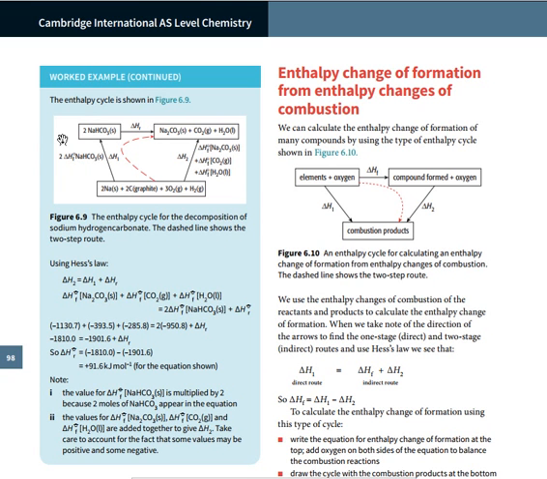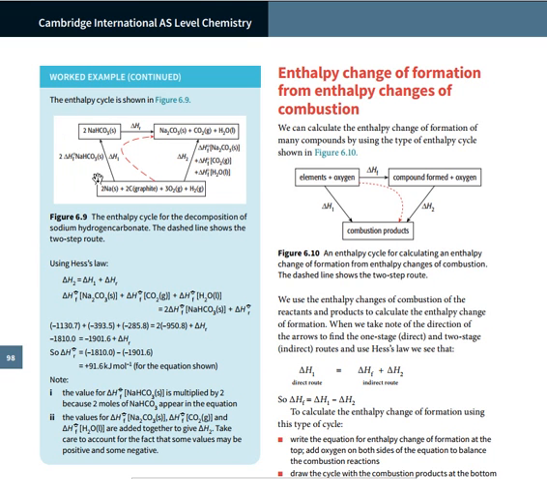The standard enthalpy change of formation is defined as the enthalpy change, the heat absorbed or released, when 1 mole of a substance is produced. In this case you have 2 moles instead, so you multiply the 1 mole in the definition by 2. So delta H1 is going to be 2 times the standard enthalpy change of formation, and you are going to have your answer.